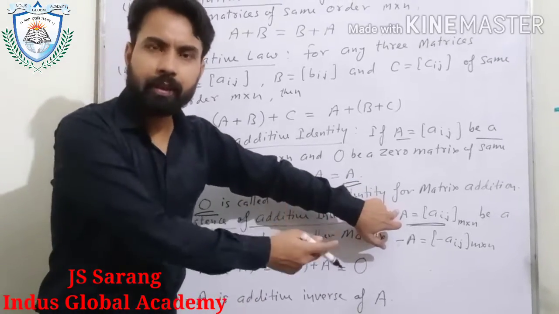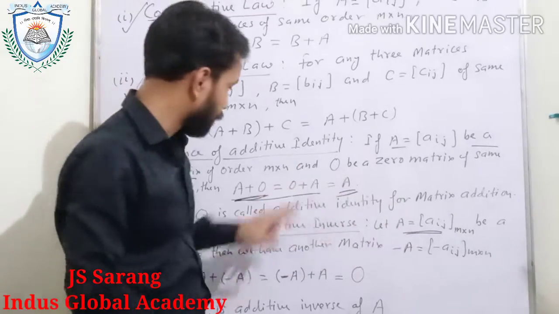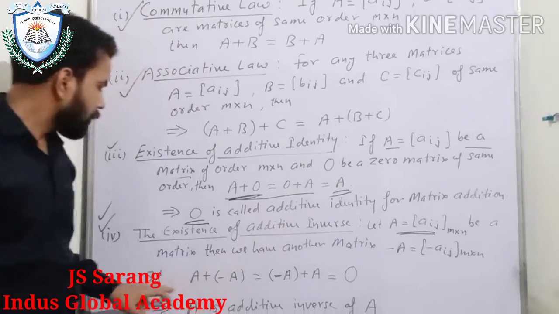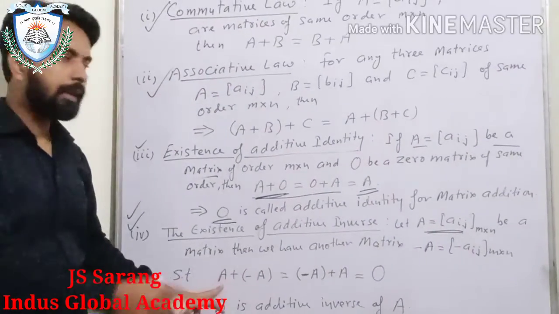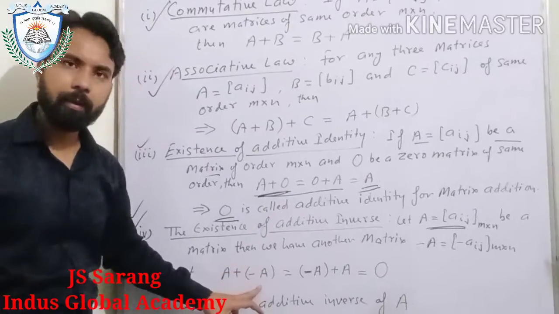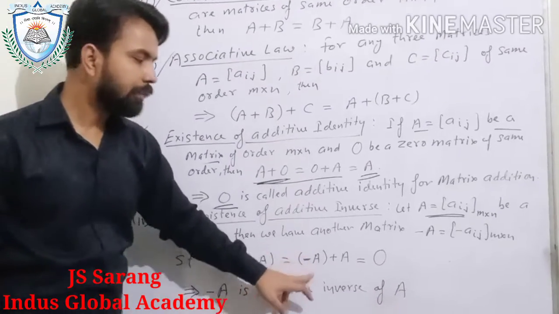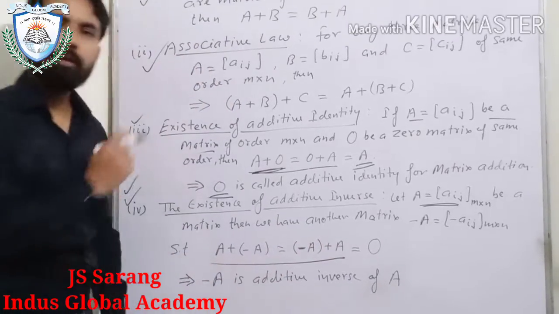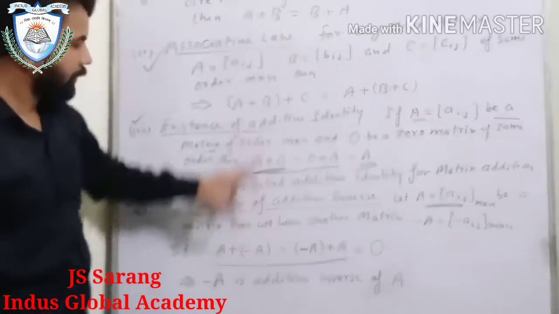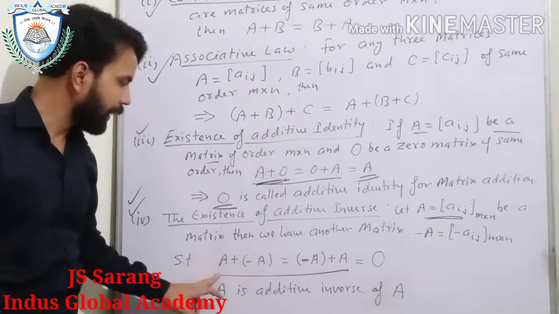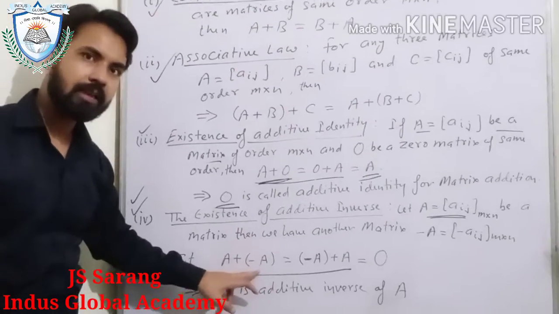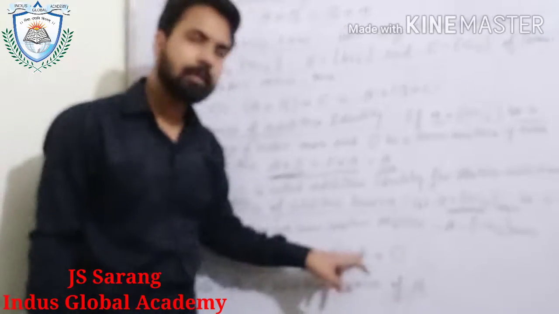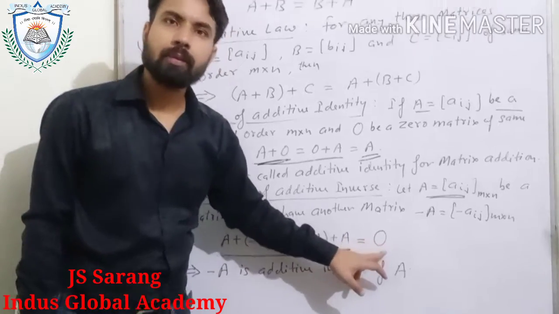If A is the given matrix, we have another matrix, negative of A, such that the sum of the given matrix and negative of A equals negative of A plus A. Again, this is the commutative law. In place of B, there is negative of A. So A plus negative of A is equal to negative A plus A. That gives you the zero matrix.